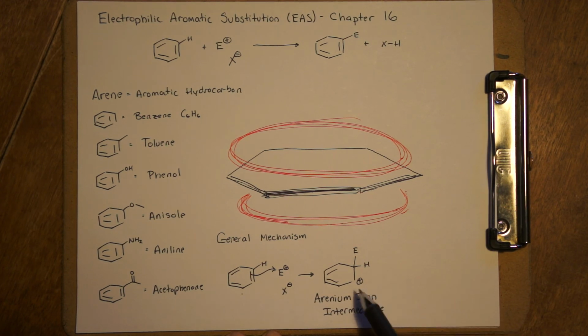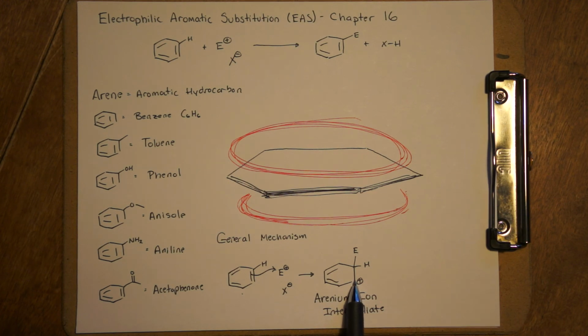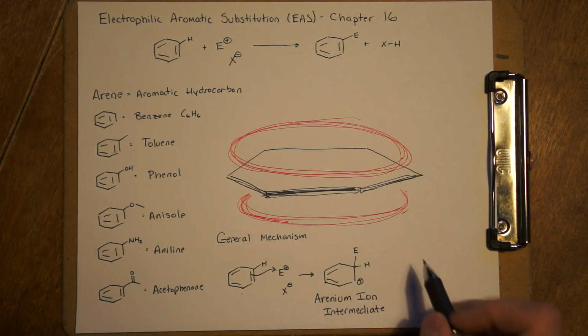Right, and this is just a positively charged ion. So in this first step, these pi electrons reach out. The electrophile is attached to this carbon, and because those pi electrons left this carbon, that carbon would get a positive charge.